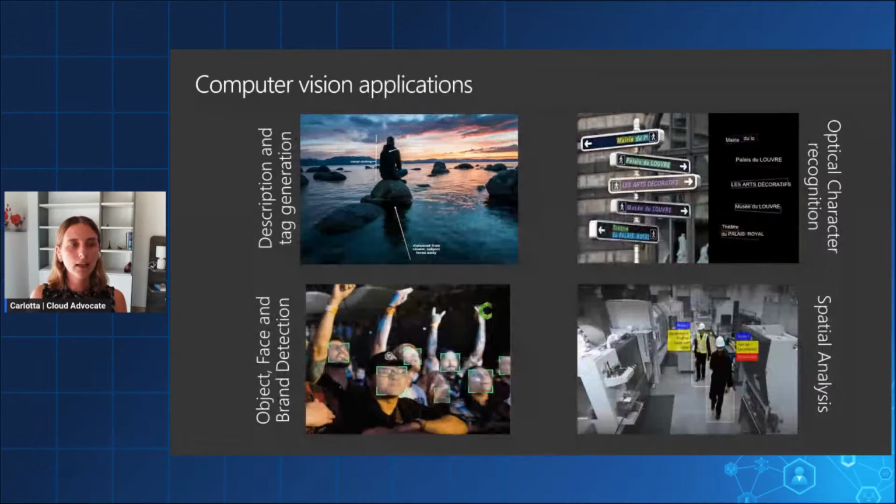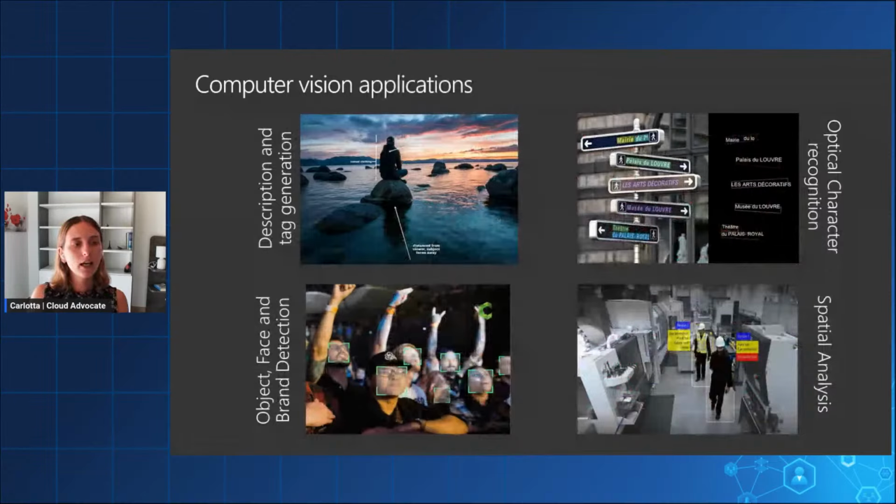In addition to what you see in this slide, there are also other possible use cases of this service. For example, moderation rating, which determines if the image includes any adult or violent content. You have smart thumbnail generation, so you can identify the main region of interest in the image to create a smaller thumbnail version from the original image.